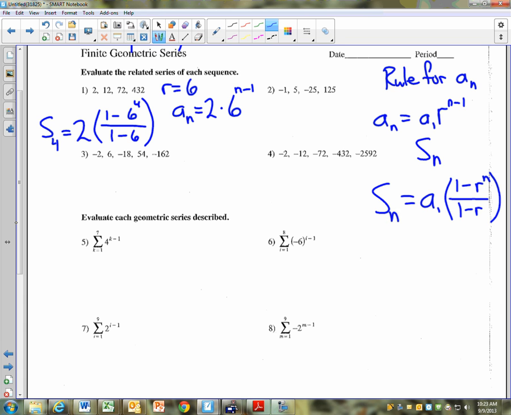And then 1 minus 1,296 is negative 1,295. You divide that by negative 5 and multiply it by 2. Good. So that's the sum. And you could check it pretty quickly here.